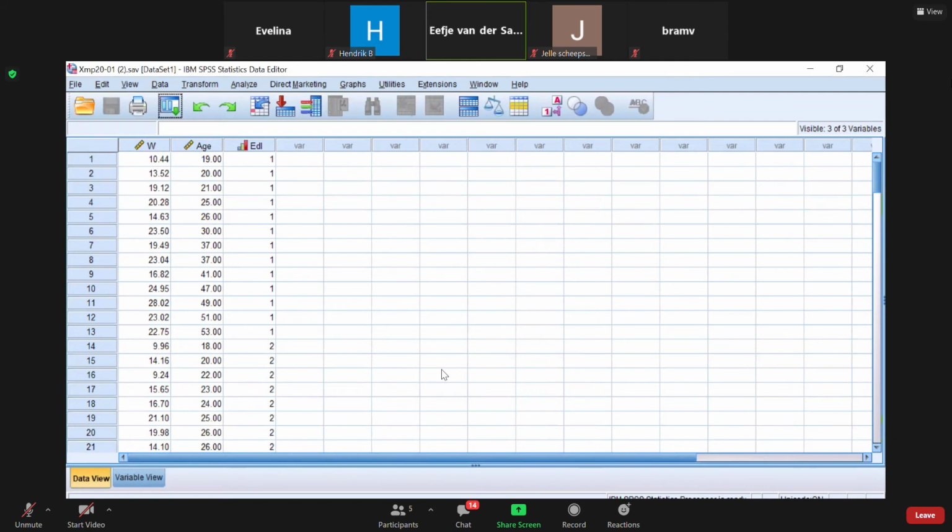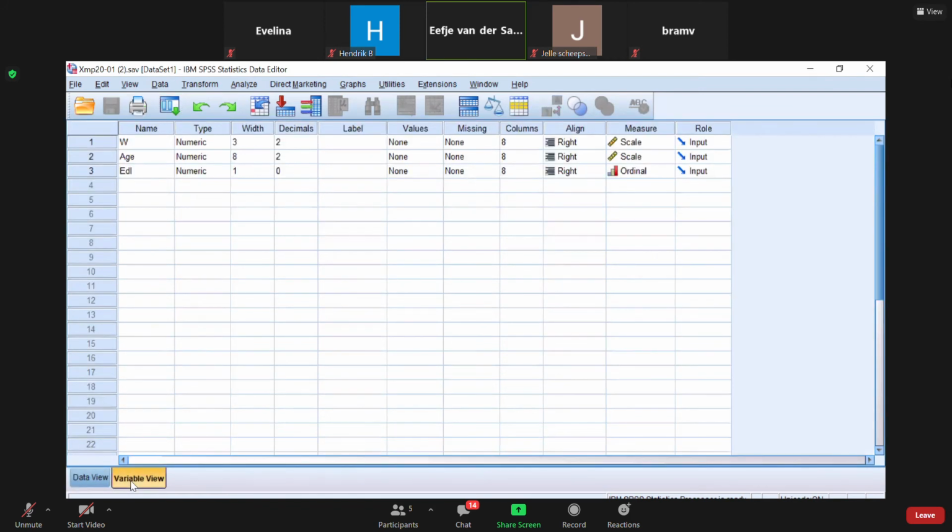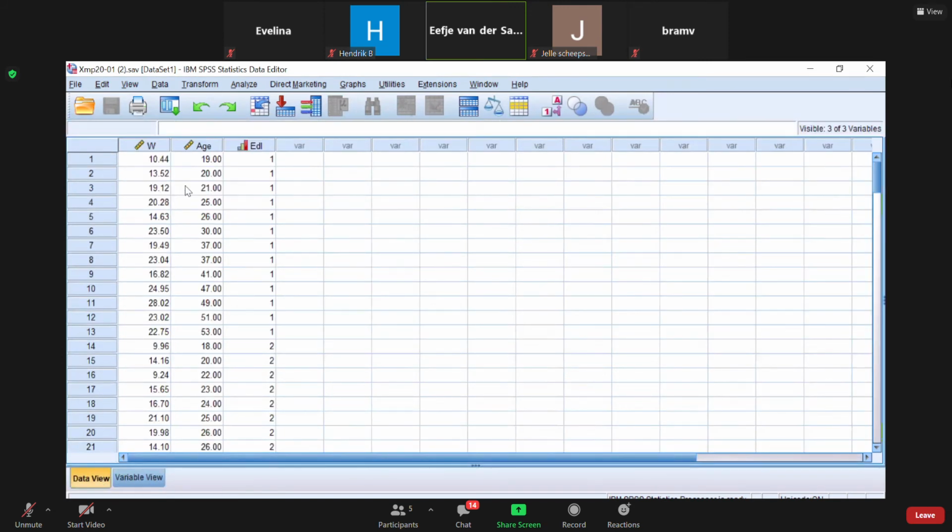Okay, there it is. So we have a few variables. The W, which stands for wage, I think. It isn't included here, but I know it stands for wage. We have H, of course, and ED-WAL, which is education level.